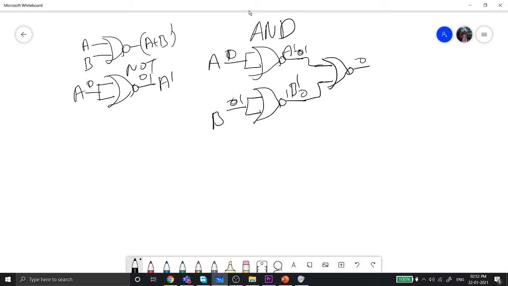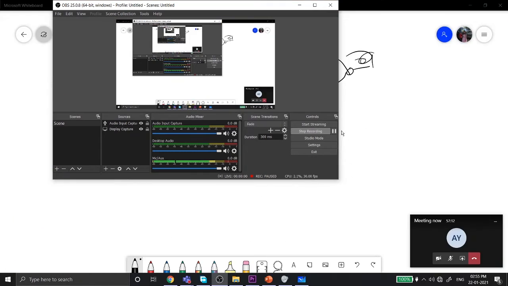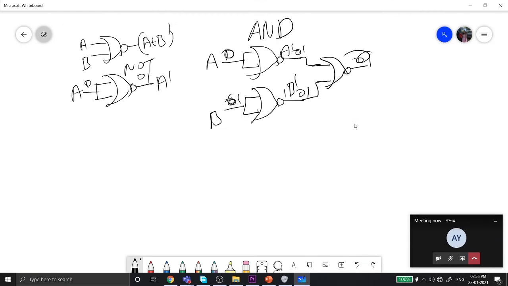If both inputs are 0, both will be 1, and the output will be 1. So that's how you implement an AND gate using NOR gates.